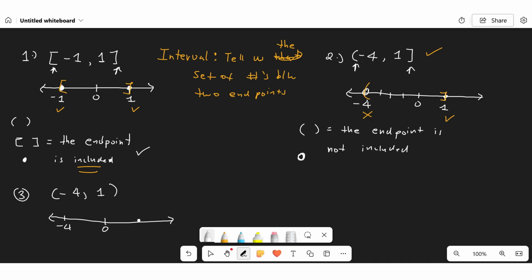And towards the right, -1. Now, in this case, look, we have parentheses on both sides. So it means that -4 and -1 are not included. So if we were to write the set of this interval, -4 and -1 would not be included in the set.